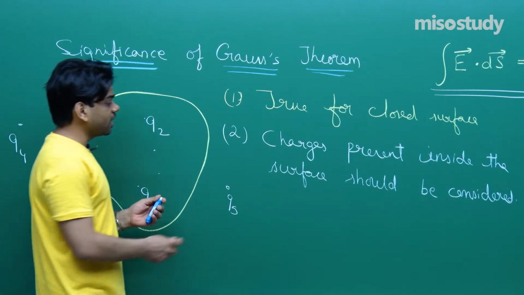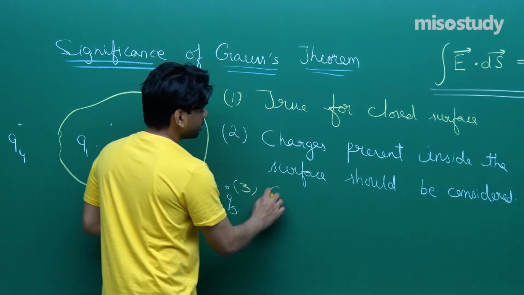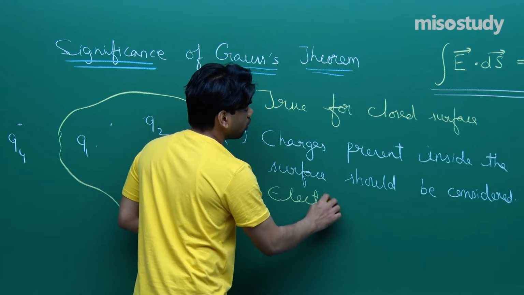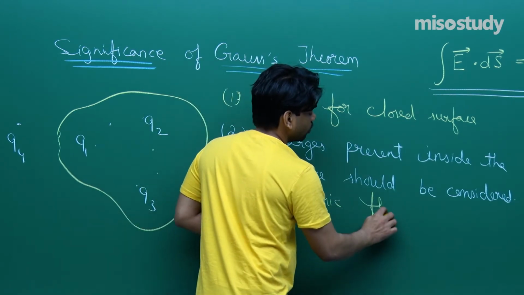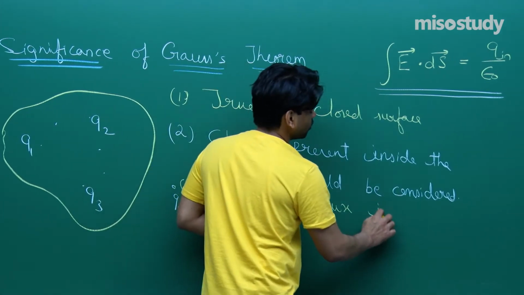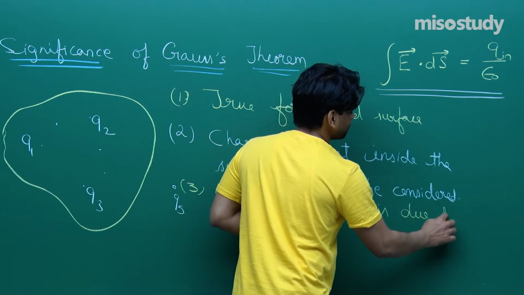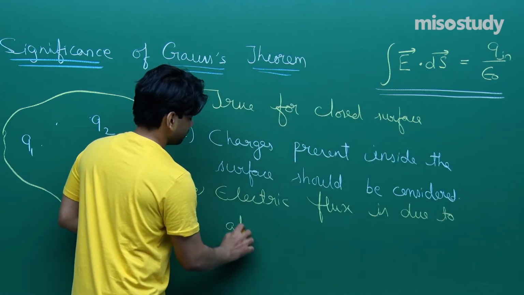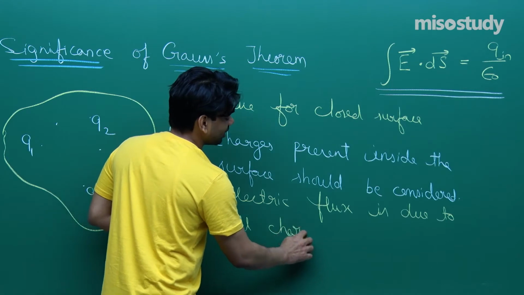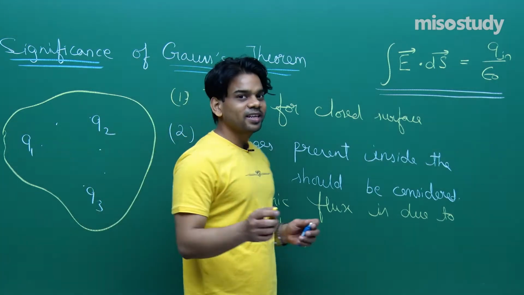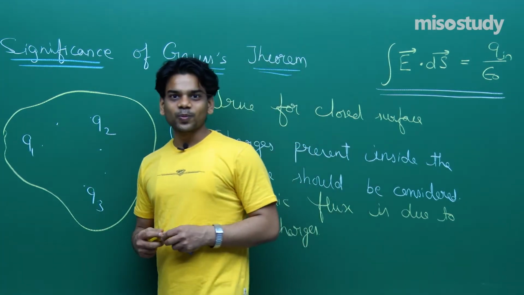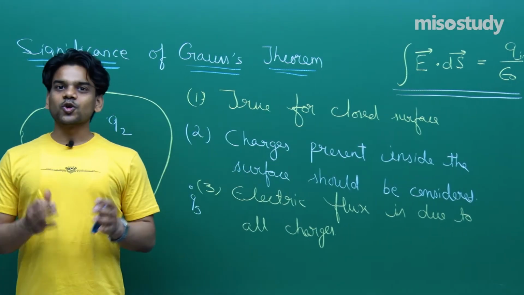In a statement, electric flux is due to all charges, not only internal charges. So don't think that only internal charge has a role to build the electric flux and external charge has no role, rather they also have a role to play.